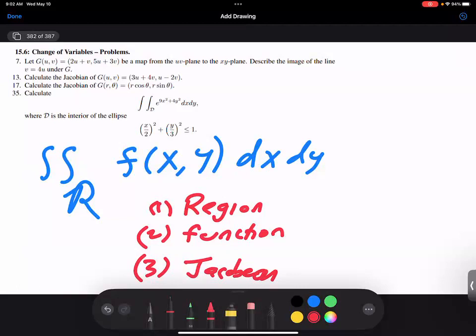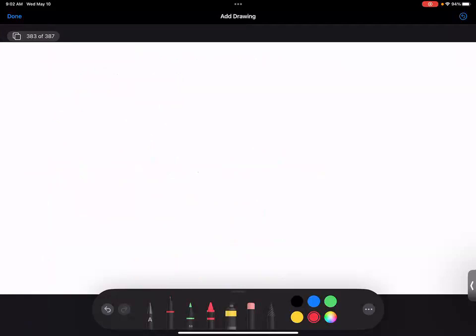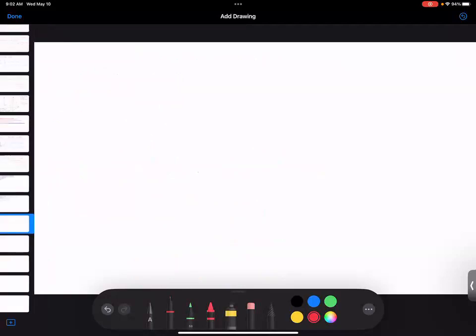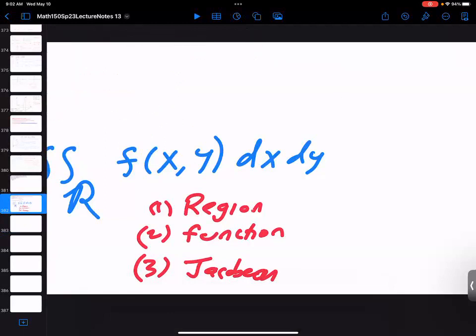So when you look at 9x squared plus 4y squared, is this going to be something that's very nice? D is the interior of the ellipse.